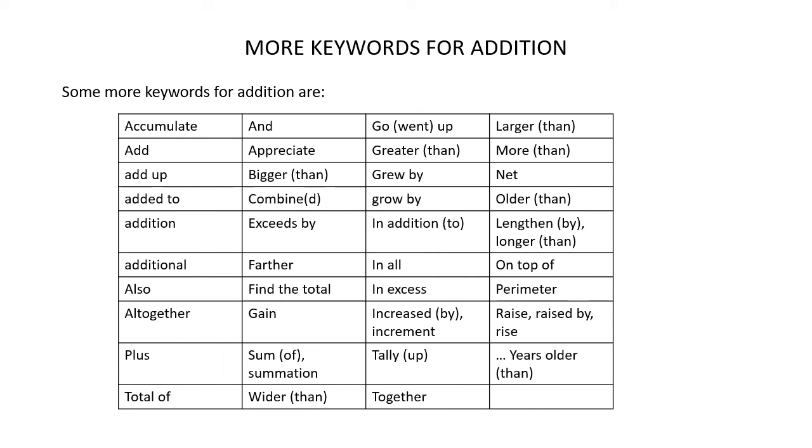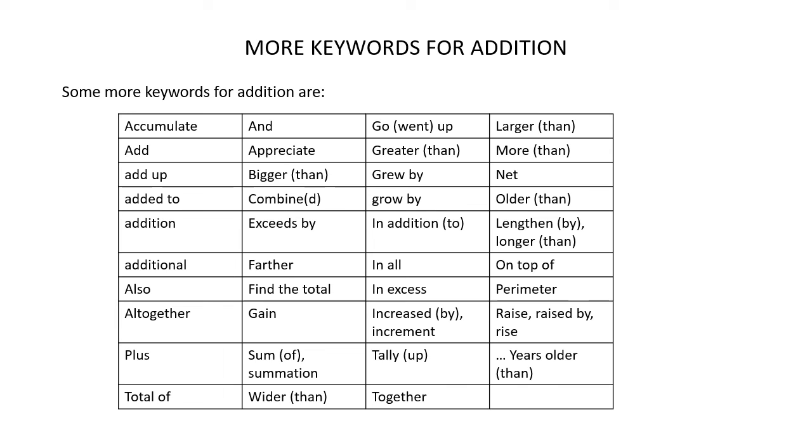Till now you learned a few keywords for addition, subtraction, multiplication and division. But there are many more keywords for these operations. Look at all these keywords. These keywords are for addition. If these words appear in a problem, then it means that you have to add.